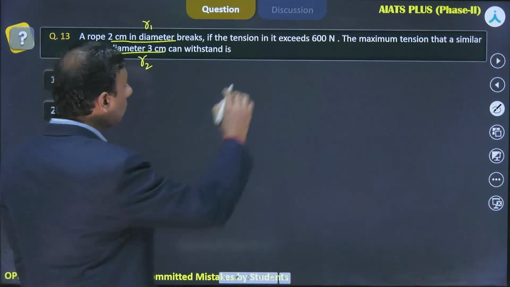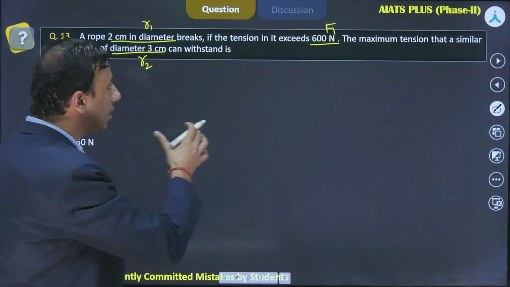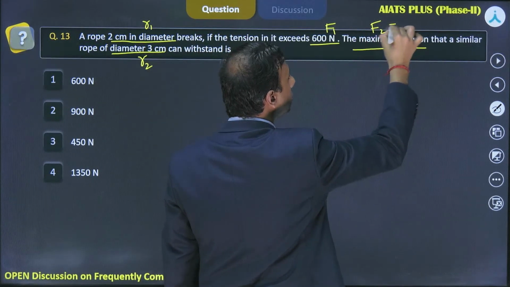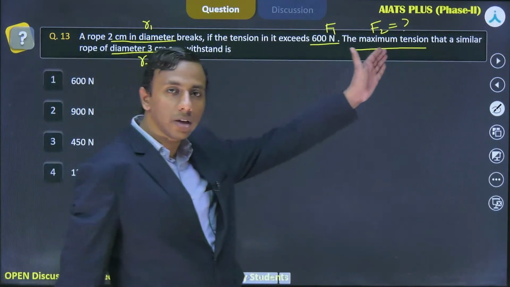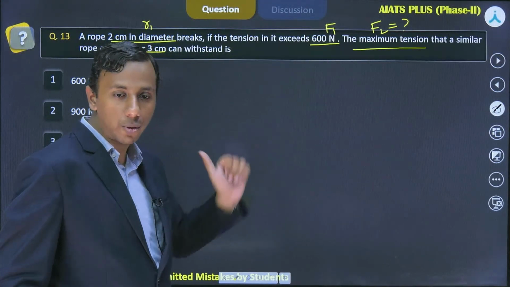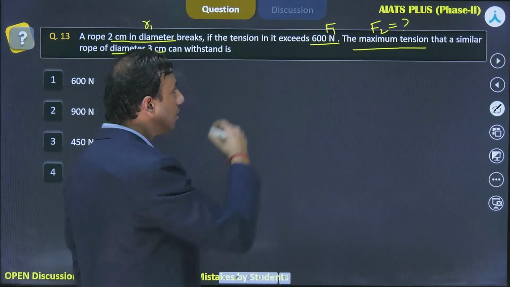Let's say this one is the initial force F1, and here they're asking us the force F2 for the second wire, which will cause it to break. So the breaking stress is same. That's the property you are going to use over here. So breaking stress, what is the formula for stress? Force upon area, right?